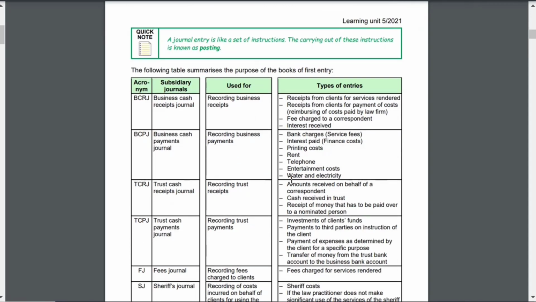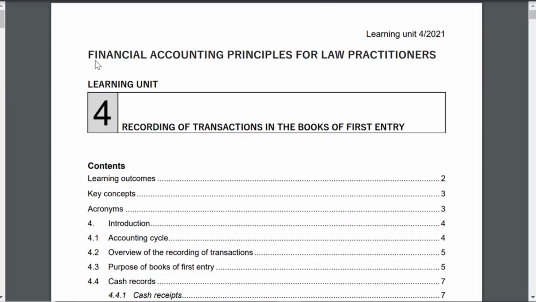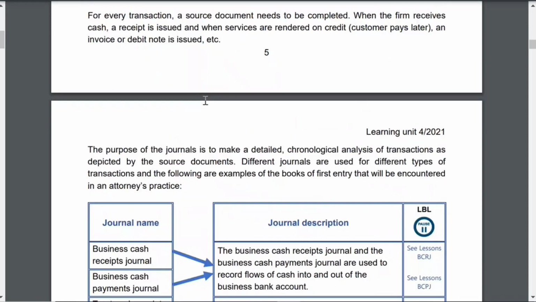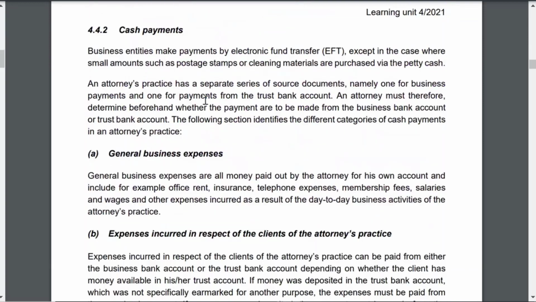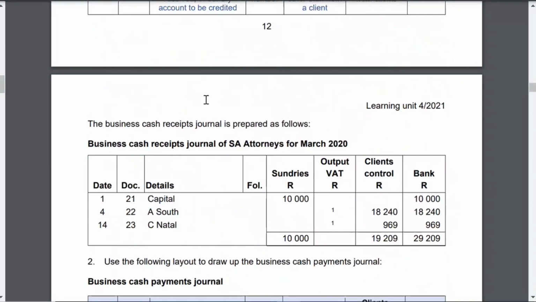So basically, now I want to show you the entries. Specifically for this learning unit, there are entries that you will be recording only in the general journal.